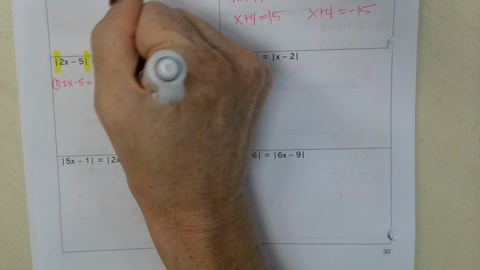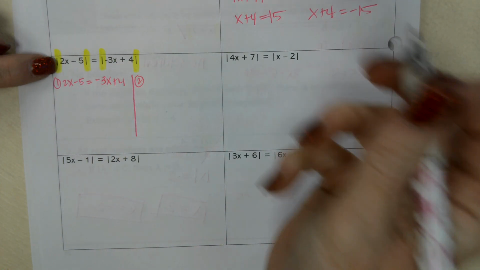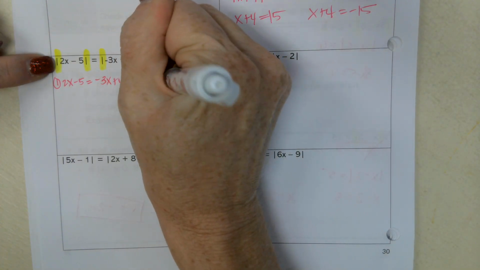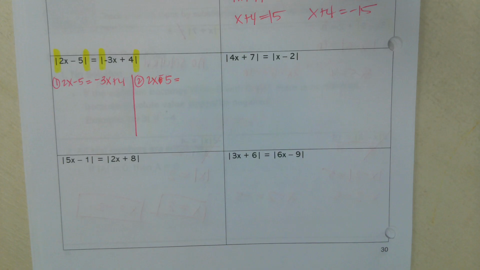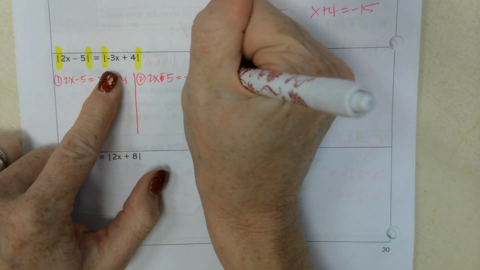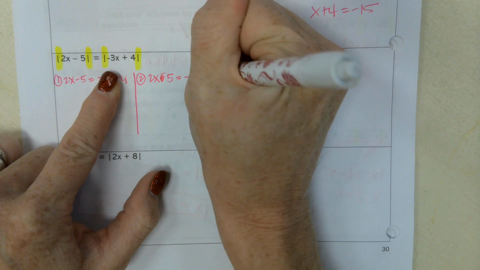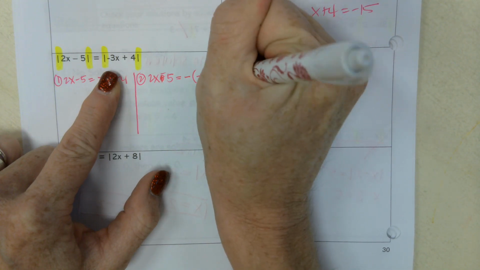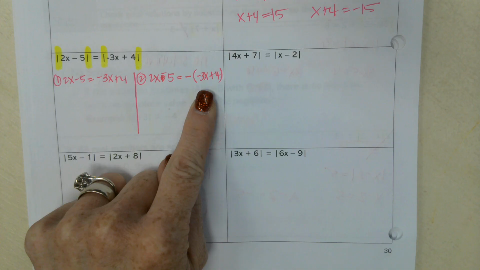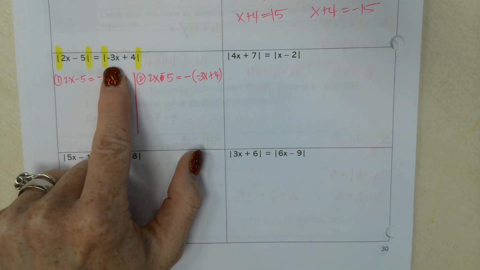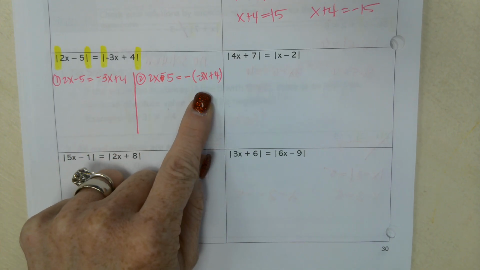Okay? You write it exactly like it is without the absolute value bars. The second case is you're going to take what's on your first side, so that 2x minus 5, and you are going to set it equal to the opposite of what is inside the absolute value, okay?